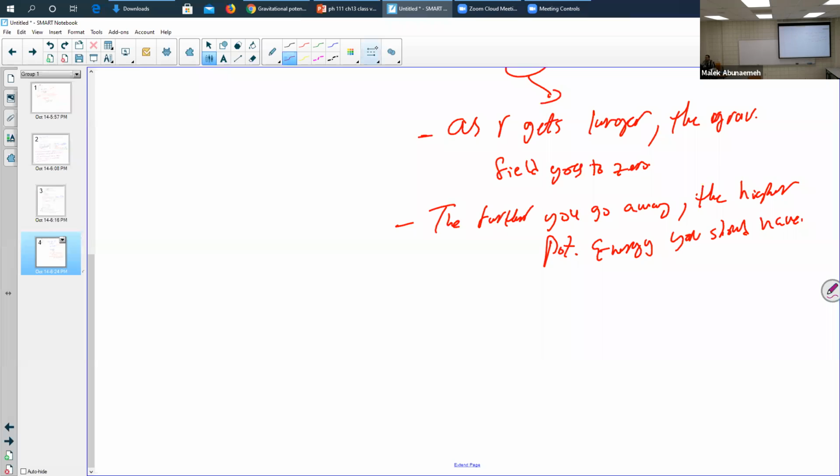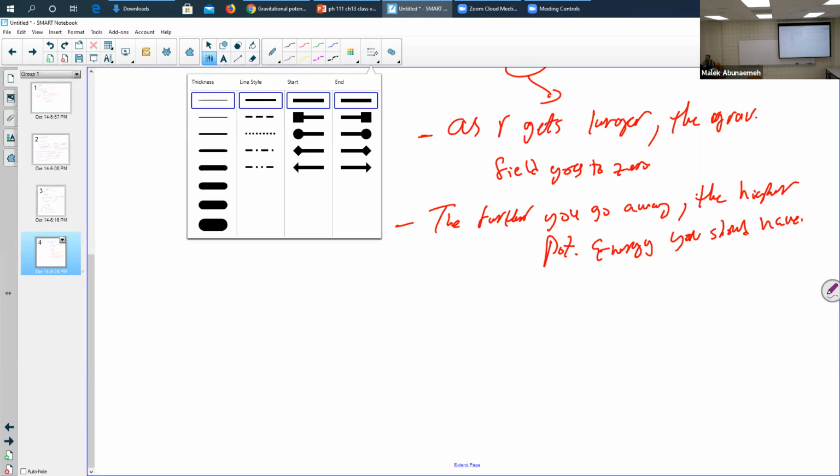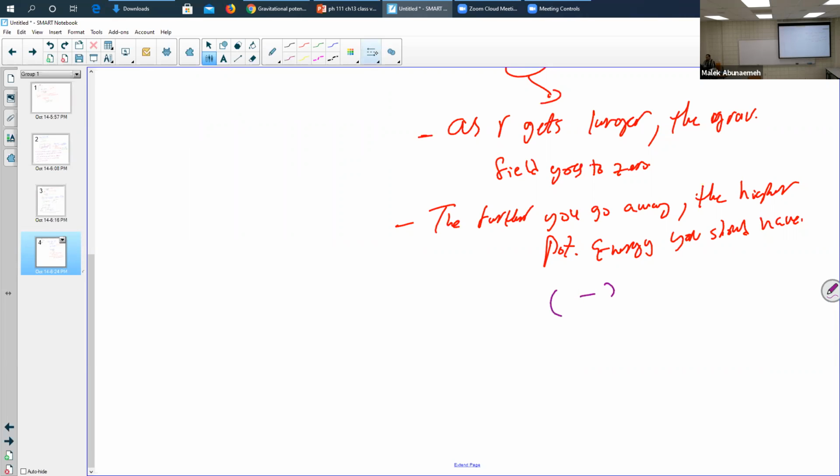And that's where we go from the negative. So it goes from a big negative number until it reaches 0, so that way your potential energy is actually greater when you have more distance.